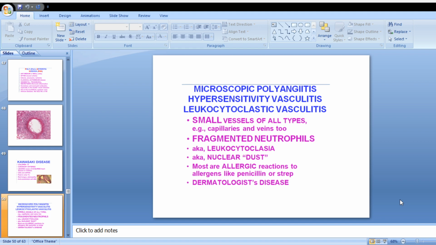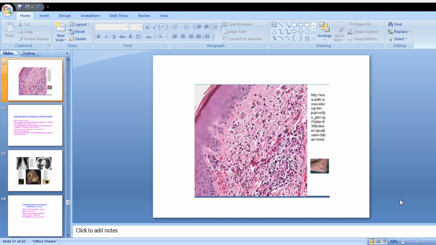Most of the allergies, like penicillin, show this type of vasculitis. In this microscopic finding, we can see numerous neutrophil nuclear fragments, the nuclear dust.